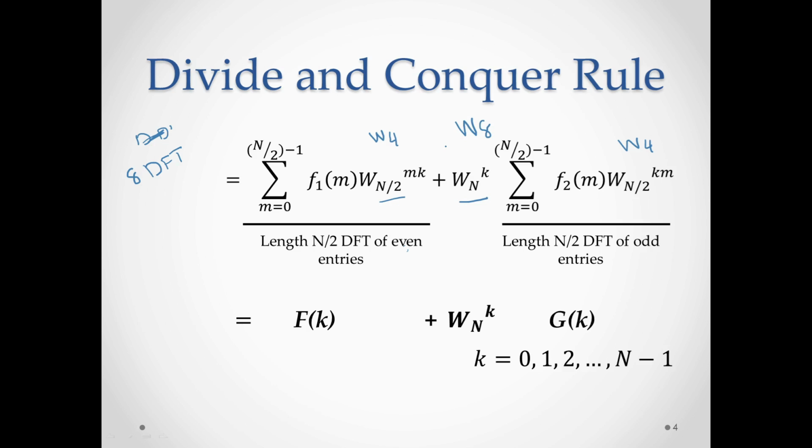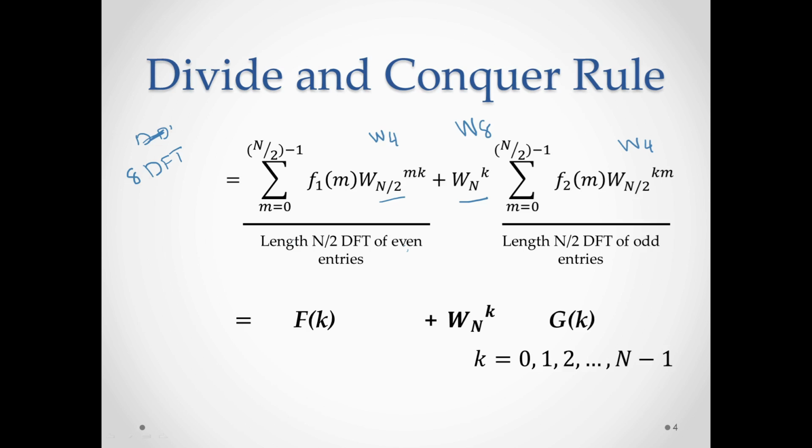Try to remember that, because this is a common mistake that people usually make when drawing a butterfly diagram. We use the butterfly diagram to describe this equation. We will do that in the next slide, but try to remember that for one term we have W4 and for the other we have the W8 term.